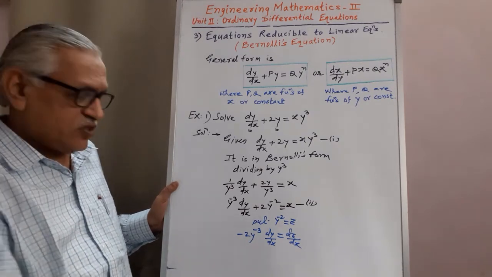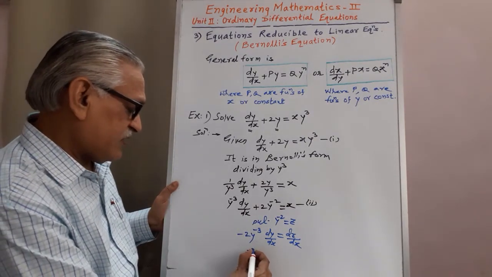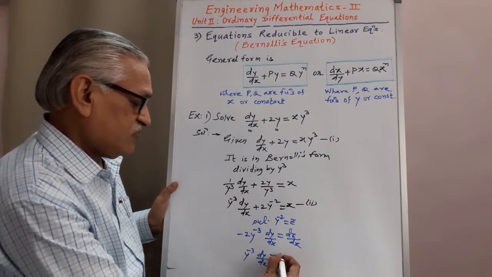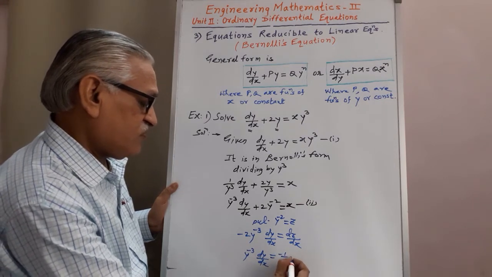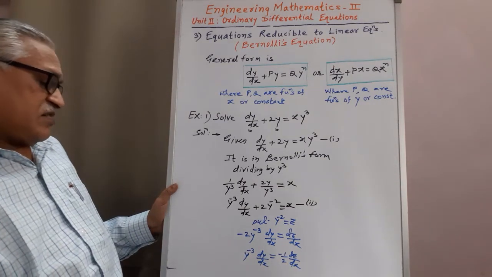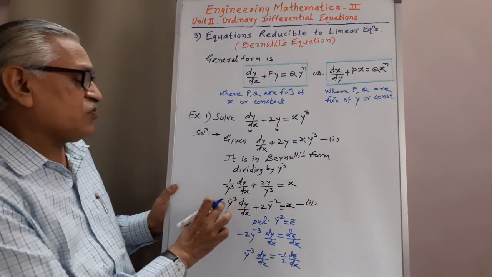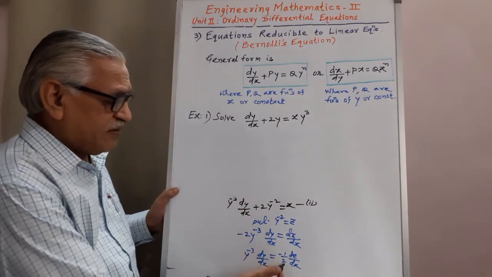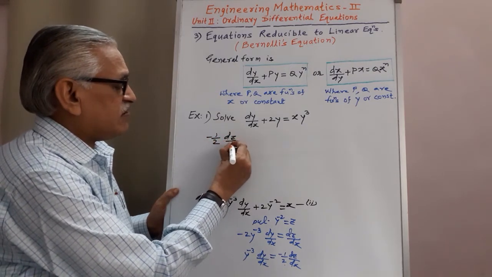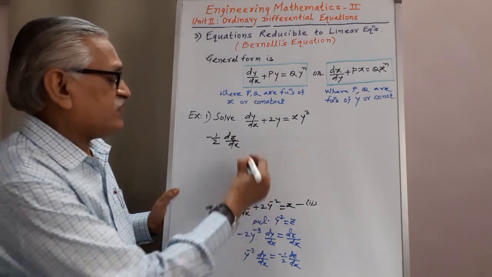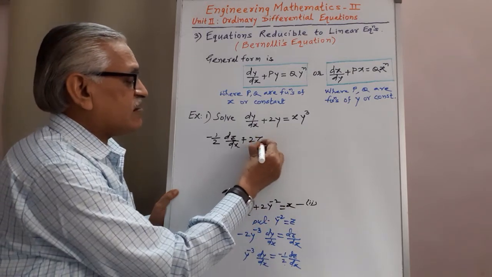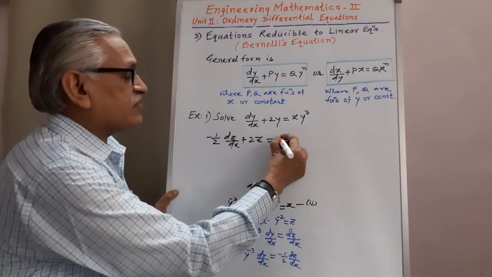Then dividing by minus 2, we get y raised to minus 3 into dy by dx is equal to minus 1 by 2 dz by dx. Substituting this in equation 2, this term we replace by minus 1 by 2 dz by dx plus 2 into y raised to minus 2, y raised to minus 2 is z, and is equal to x.